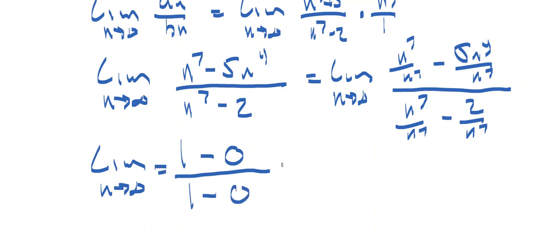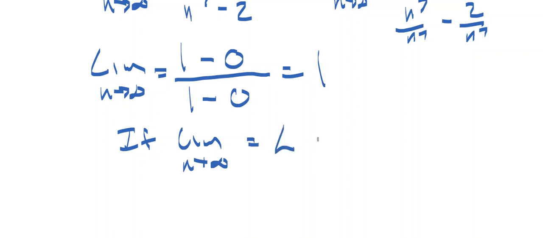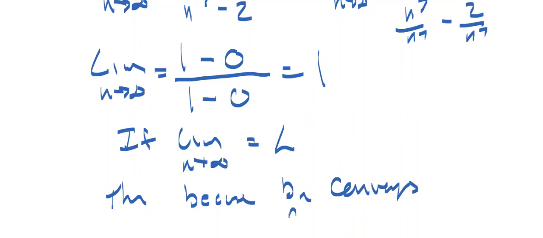The limit equals 1. So if the limit as n approaches infinity is equal to some limit L that is a finite number and not infinity, then because b sub n converges, a sub n also converges.